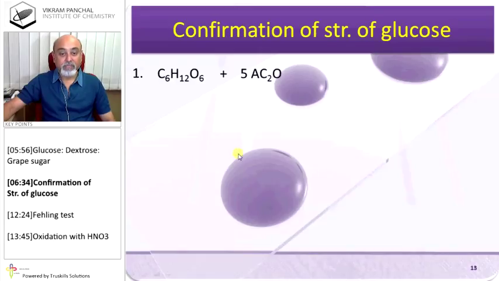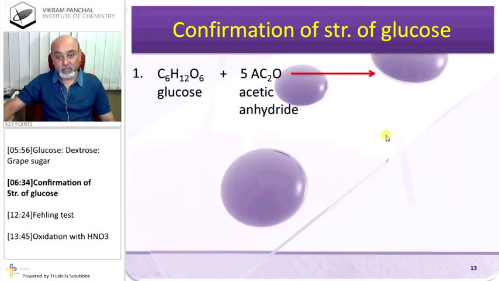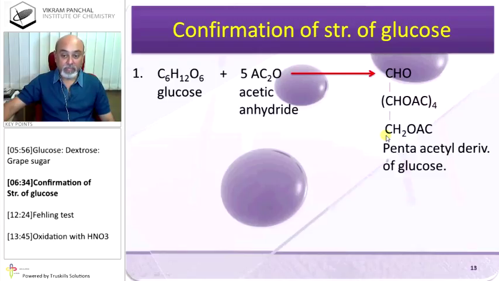First, glucose reacts with acetic anhydride. Well, when any molecule reacts with acetic anhydride, it may contain an alcoholic group, because alcohol reacts with acetic anhydride and produces an acetyl derivative.